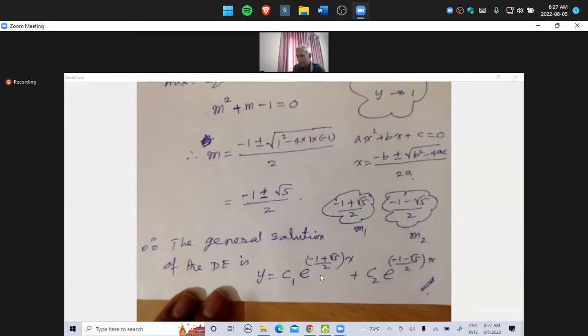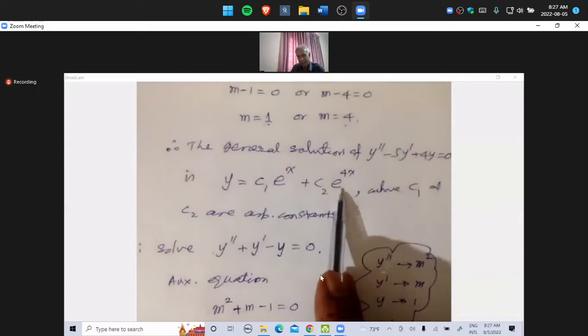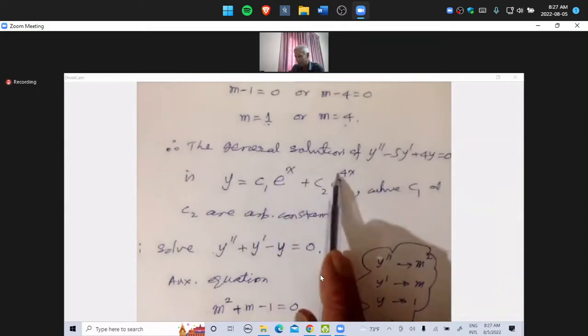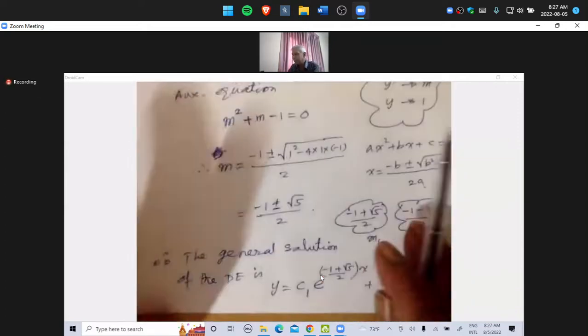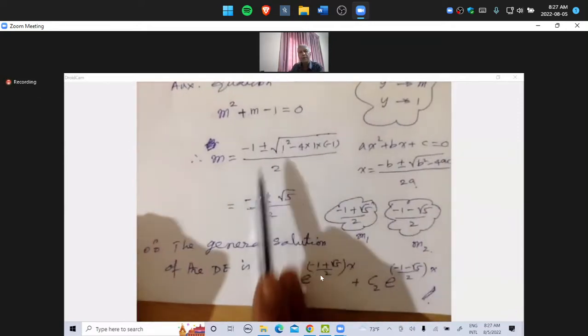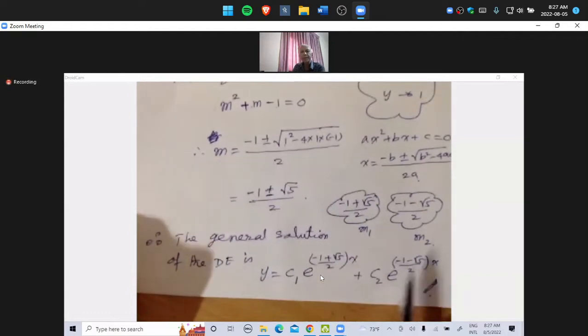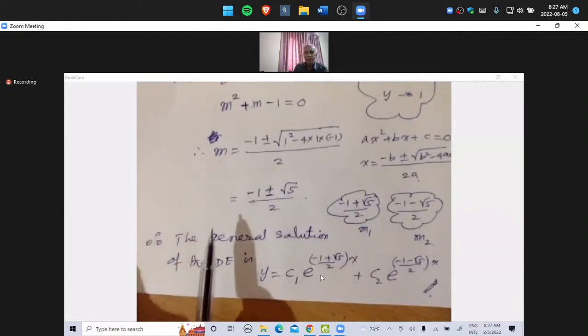If it factors in the distinct roots case, its roots can be written down nicely like this, integers. But if it doesn't, you can still use the quadratic equation and use the same procedure. Get the two distinct roots and write this.